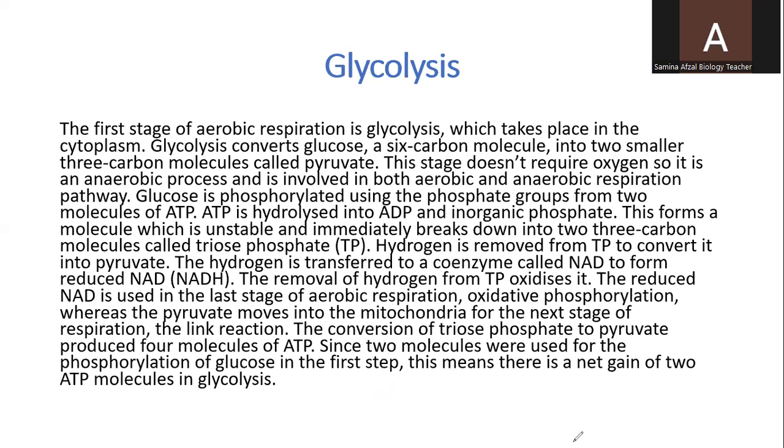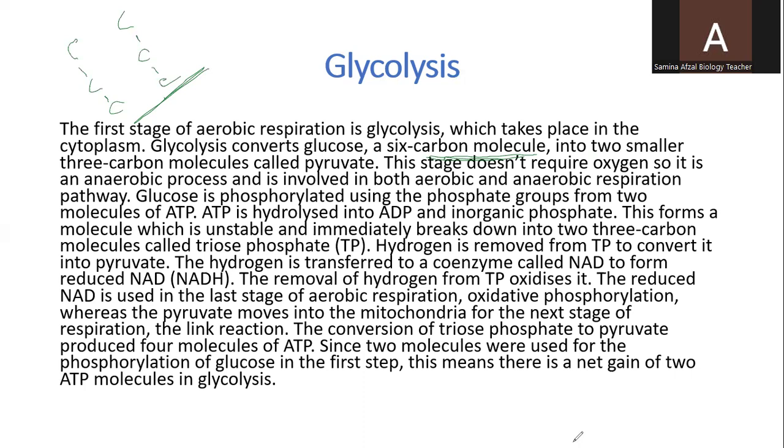First of all, this glucose, which is a six carbon molecule, is broken down and changed into two smaller three carbon compounds. This three carbon compound is called pyruvate. This stage does not require oxygen, so it is an anaerobic process and is involved in both aerobic and anaerobic respiration pathways.